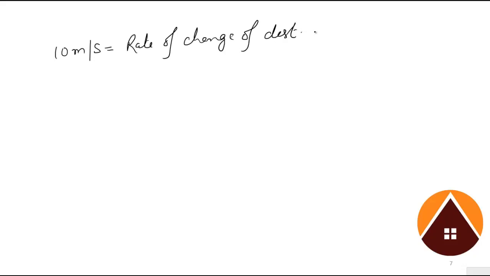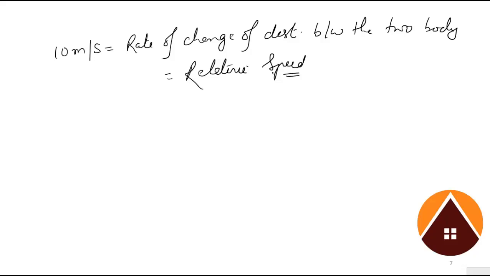So I can also write like this, that this 10 meter per second is nothing but the rate of change of distance between the two bodies, which is nothing but relative speed. This is another way of looking at relative speed.